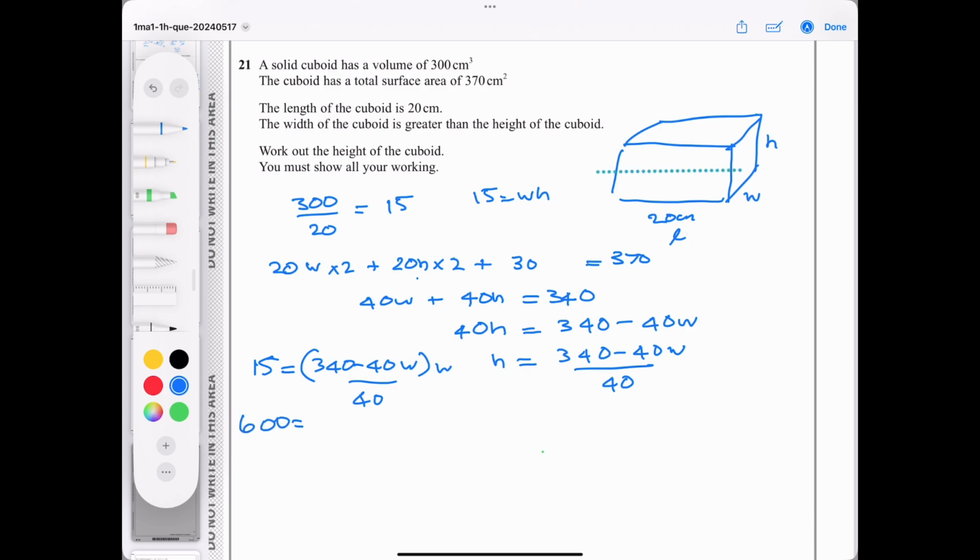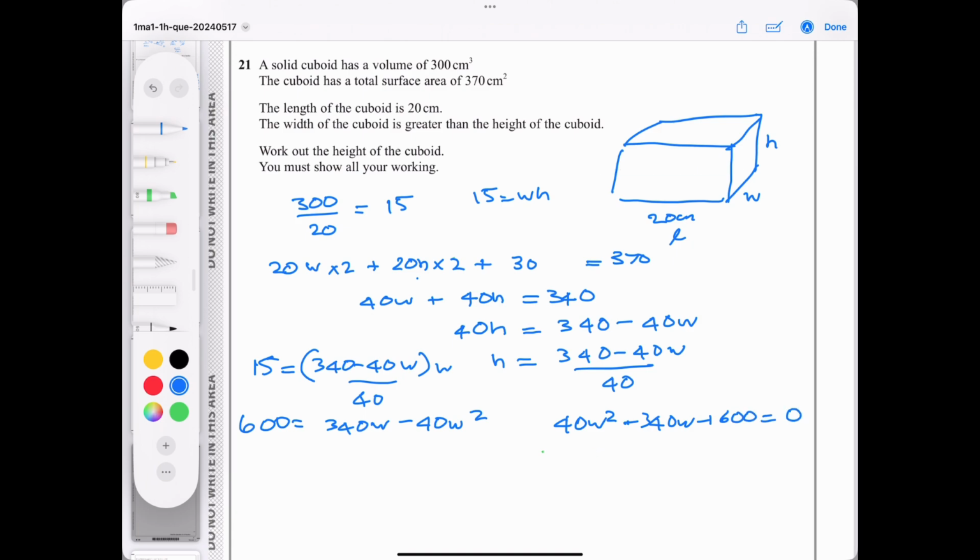Which would give 600 equals 340W minus 40W squared. Let's add everything to that side. So we get 40W squared minus 340W plus 600 equals 0.